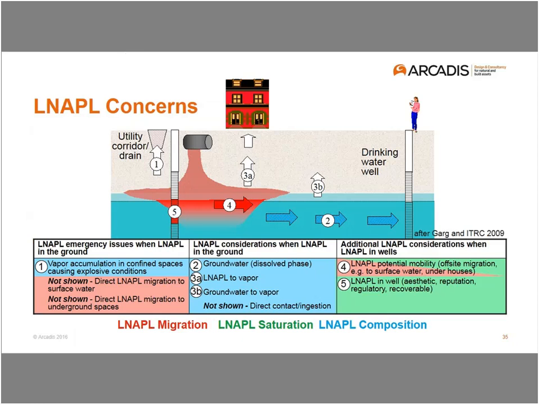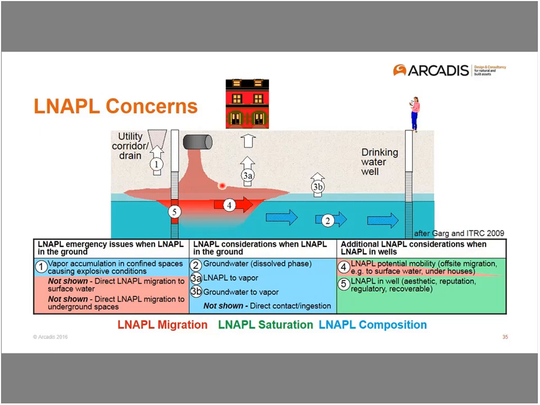So we can use the answers to those questions to start to develop what the LNAPL concerns are for a site. So here we've got a site, leaking tank, LNAPL that's reached the water table. It's distributed above and below the water table. So maybe there's an emergency condition where we've got vapor accumulation in confined spaces causing explosive conditions.